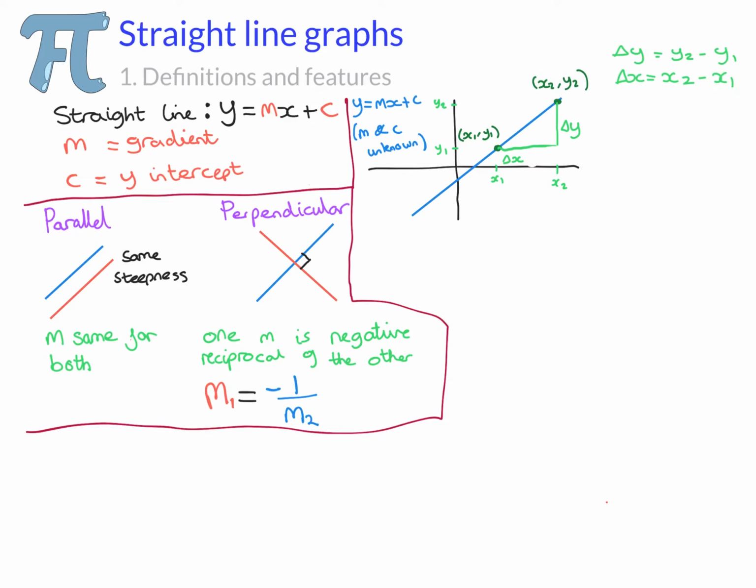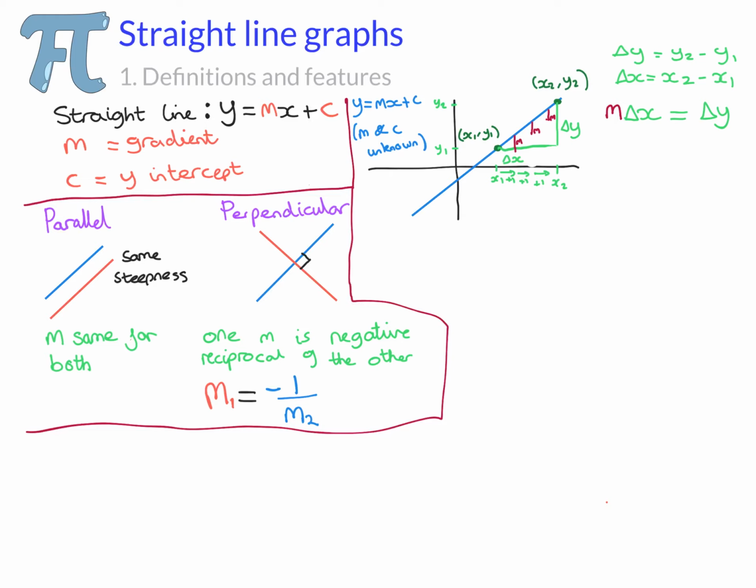So we know that for every delta x we go across, we go delta y up. If we were to take the gradient m, which is the amount that y would increase if we increased x by 1, and multiply it by the amount that x has actually increased, what we should get is the amount that y has actually increased.